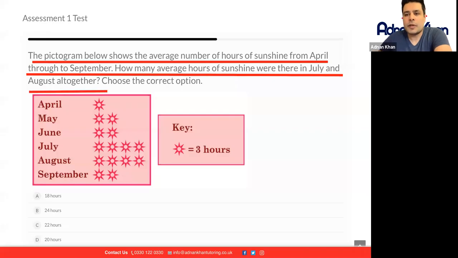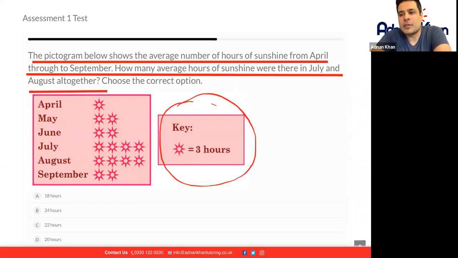So now looking at this question, we can see our key on the right-hand side, and the key tells us that one sunshine gives us 3 hours altogether. Okay, so now we're only looking for the hours of sunshine in July and August. So let's count these up all together one by one. I'm just going to use a different colored pen so you can see what I'm doing.